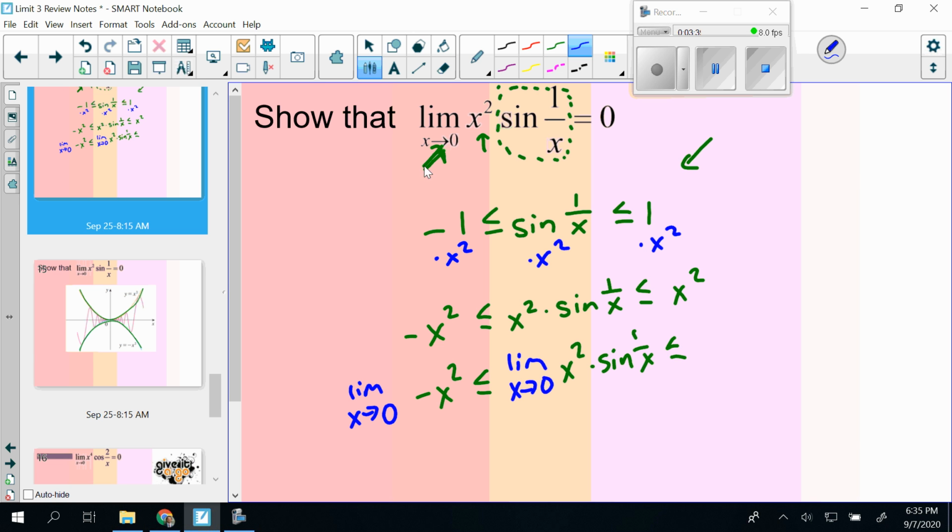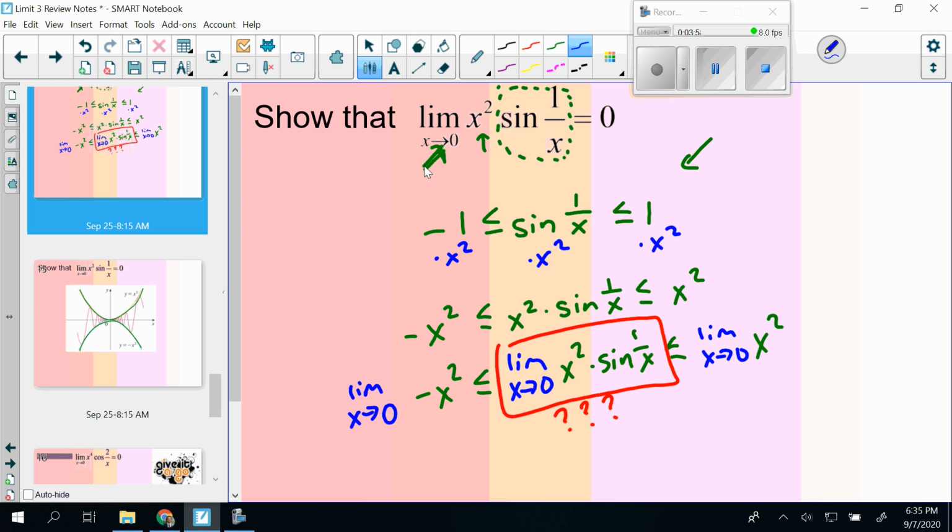And we're also going to put in the limit as x approaches 0 for our right side function of x squared. Well, the middle one we're still unsure on. We still don't have a great way of figuring this one out. But what we can do is figure out these other two.